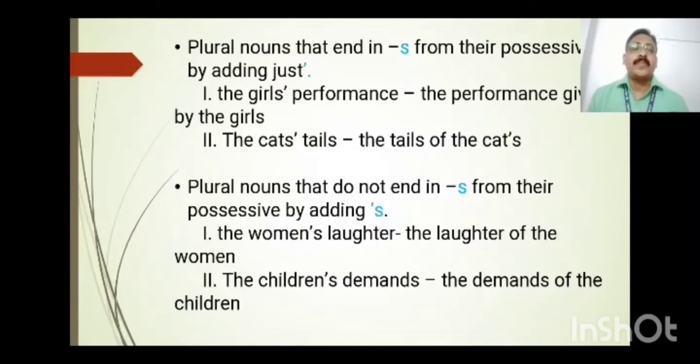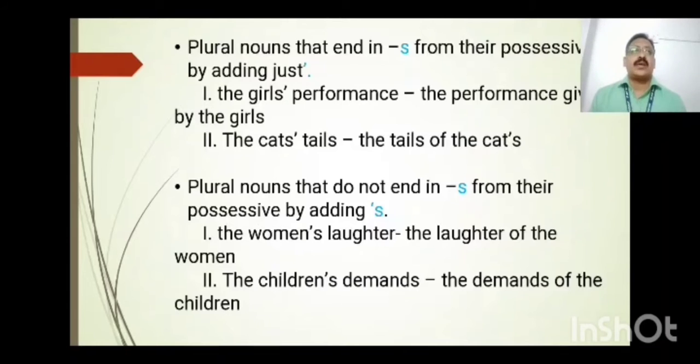Now children, we will talk about the nouns that do not end with s in their plural form. Then what do we do to change them into possessive form? Plural nouns that do not end in s form their possessive by adding apostrophe s.